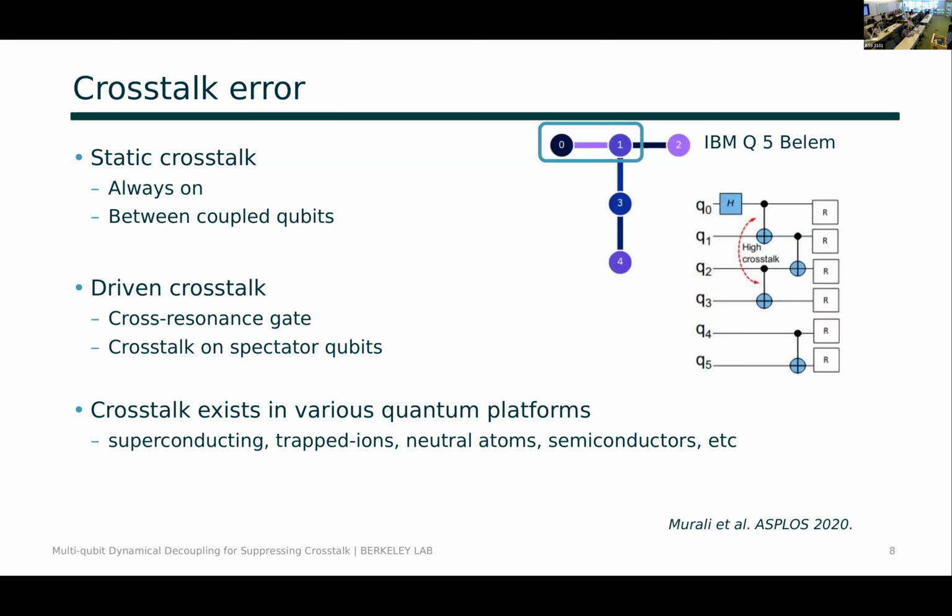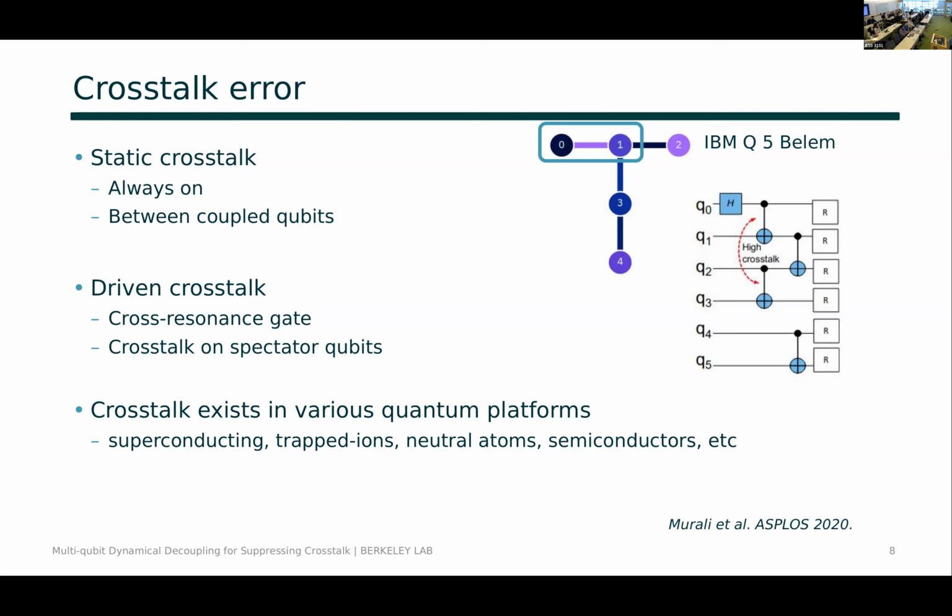In our paper, we try to use DD to suppress crosstalk. Since we are doing our experiments on IBM devices, our focus is on crosstalk for IBM devices. But crosstalk also exists in many other quantum platforms like trapped ions, neutral atoms, etc. In IBM quantum devices, there are two types of crosstalk.